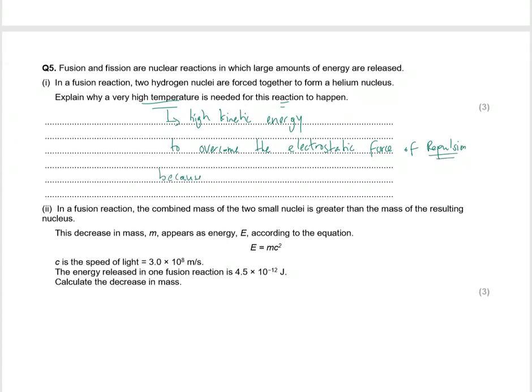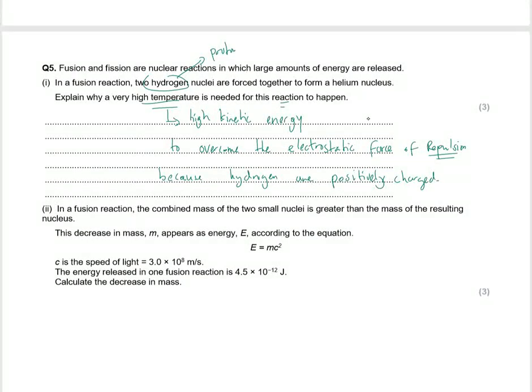Okay, now why repulsion? Because hydrogen nuclei are positively charged. Okay, so hydrogens are pretty much a proton. There's only one proton in it. So we need high kinetic energy so they can move very fast to overcome the electrostatic force of repulsion.